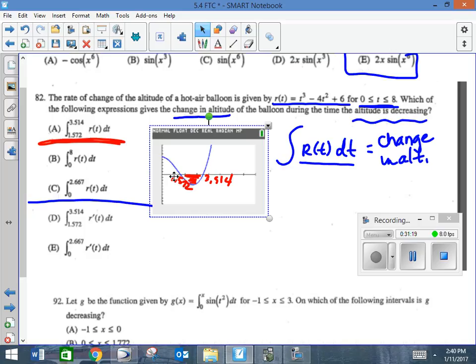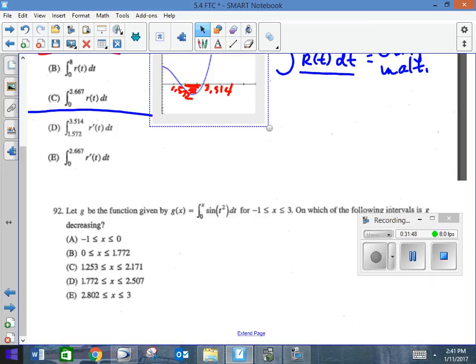If you understand that this is the change in altitude, then we want the change in altitude. So that's why we're going to put A instead of D, because this is the change in altitude. Remember this is already a rate of change, so that's why we put it in here and not take the derivative of it. That's a key point, to see that. Okay, good job. All right, that one was kind of tricky.